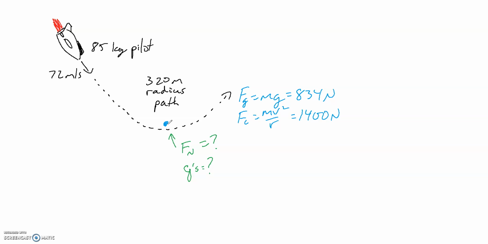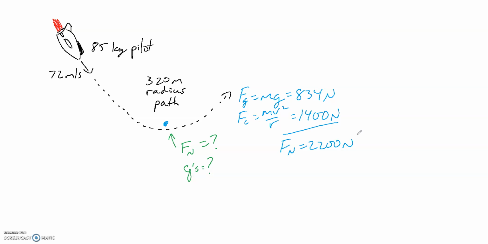So we are going to add those two forces together, and you get a total Fn of around 2200 newtons. About 834 of that was for gravity, and about 1400 of that was to balance off Fc. So you put those together, you get an Fn around 2200 newtons acting on his body.